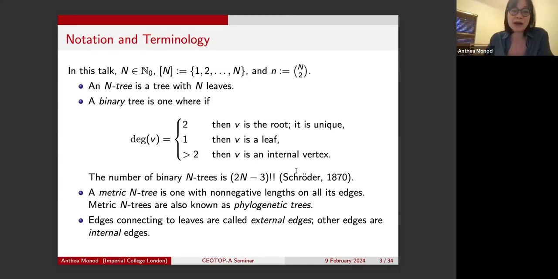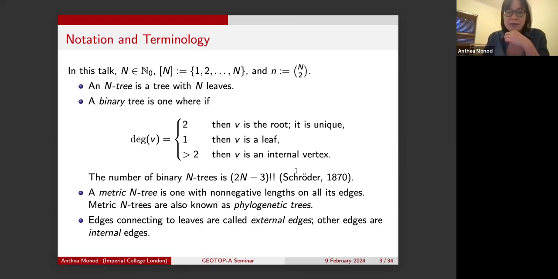We have a binary tree where you have a single root. The root is unique, and it has degree 2. If a vertex has degree 1, then it's a leaf, and if it has degree greater than 2, then it's an internal vertex. The number of binary N-trees is known to be (2N minus 3) double factorial.